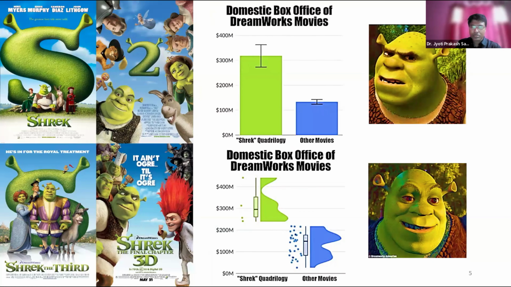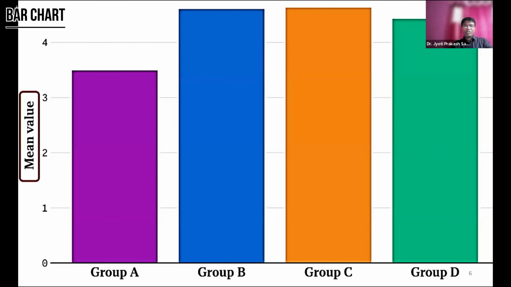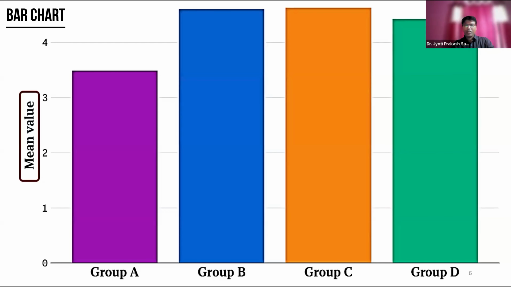How would you like to present the data? You have their individual data. All of you said a bar chart: group A, group B, group C, and group D with their mean values. This is the standard bar plot.